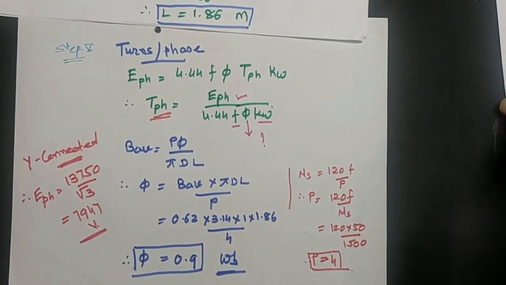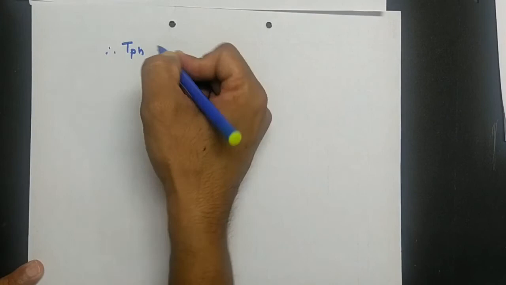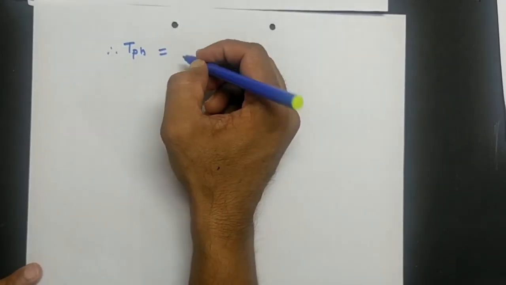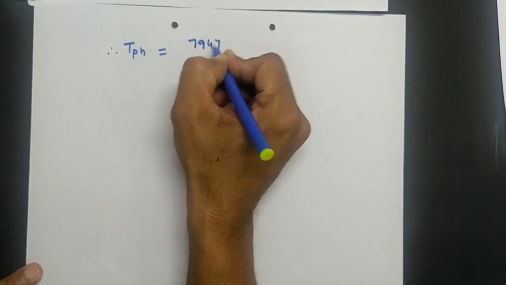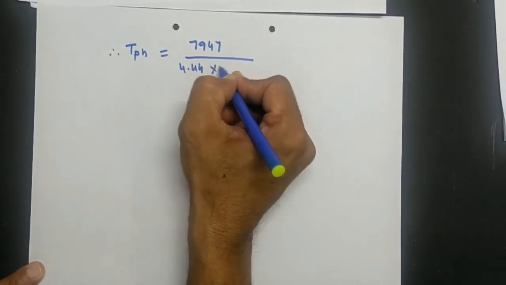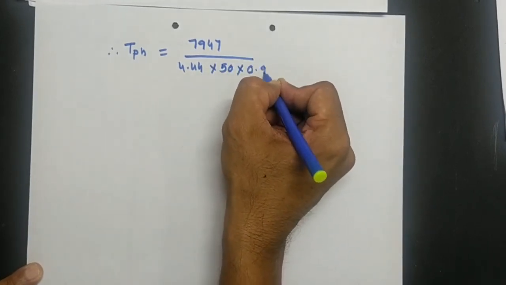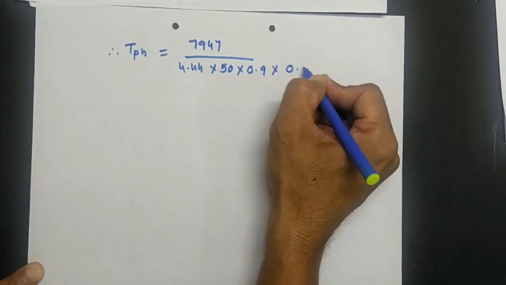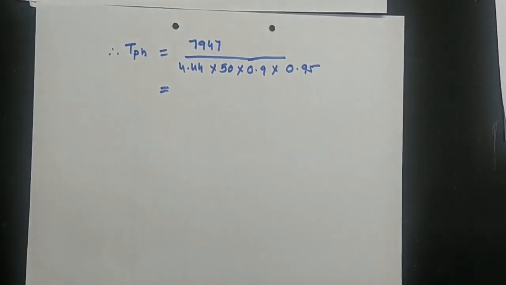So number of turns per phase is E phase, which we have just calculated, that is 7947, divided by 4.44 multiplied by 50 multiplied by flux, which we calculated as 0.9, and multiplied by 0.95, that is our kW or winding factor.